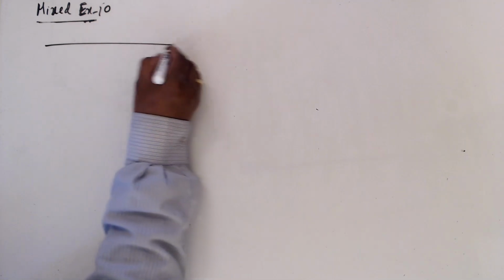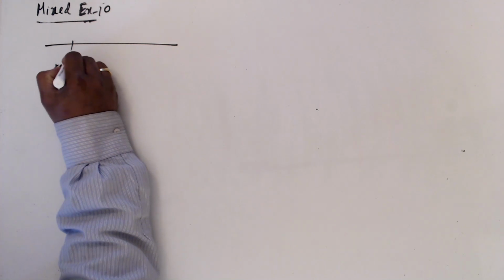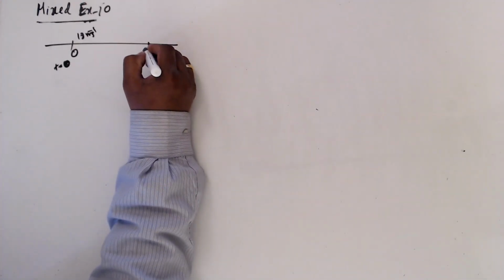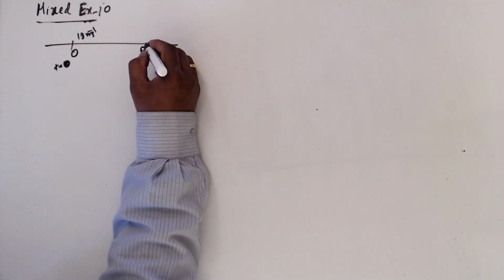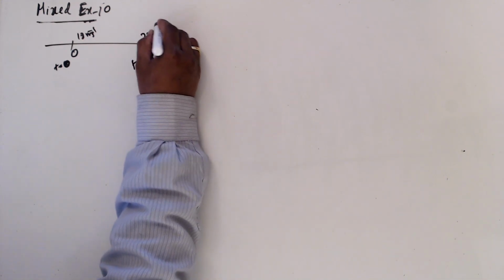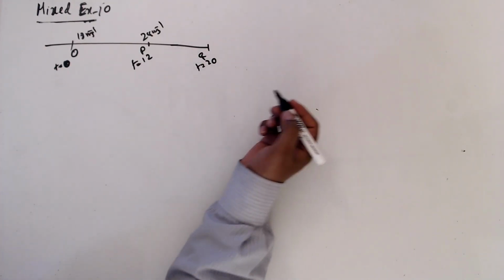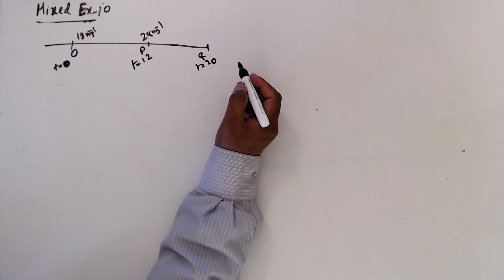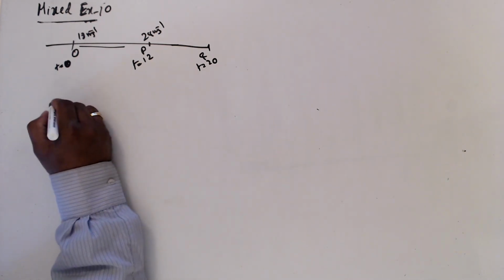At t equals 0, the train passes through point O, traveling with 18 m/s. Then at t equals 12, it passes point P with 24 m/s, and then at t equals 20, this is point Q. Find the speed of the train at Q. So we'll consider this journey first, the OP journey.